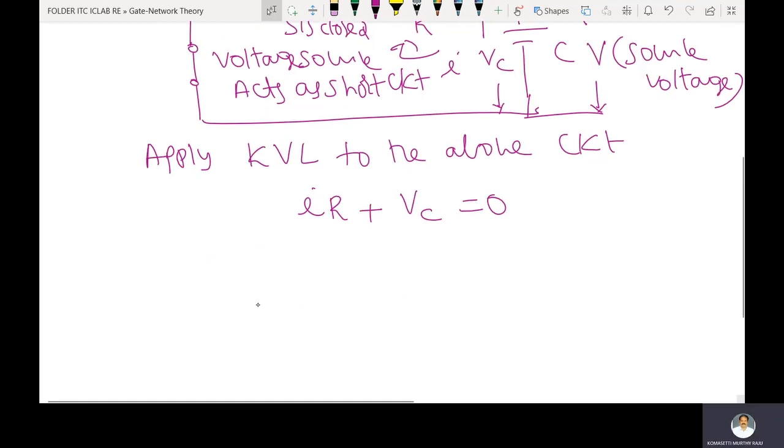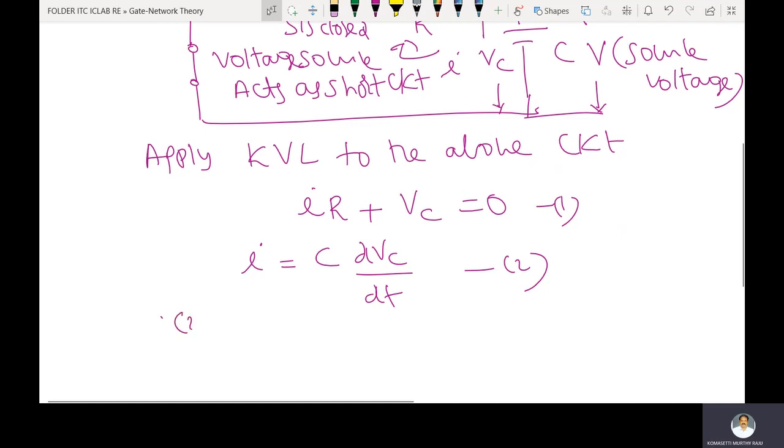We know that the capacitor current I is equal to C into dVc by dt, where Vc is the voltage across the capacitor. This is the first equation, and this one is the second equation.